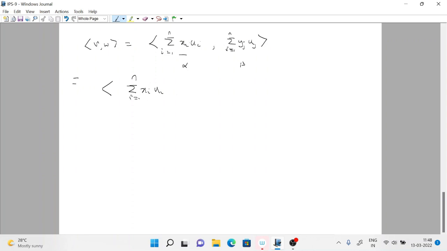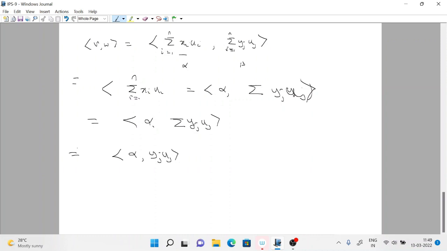Okay, this is your alpha. Therefore, this is alpha with the summation yj uj, right? But by the distributive law, this is nothing other than summation over j of alpha with yj uj.